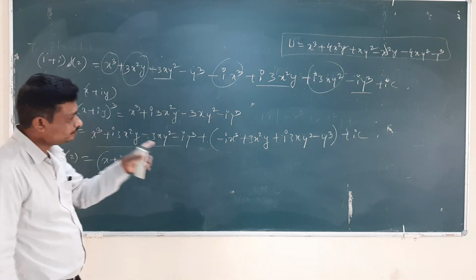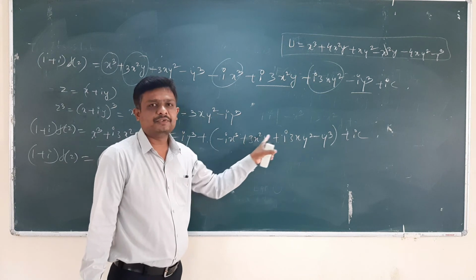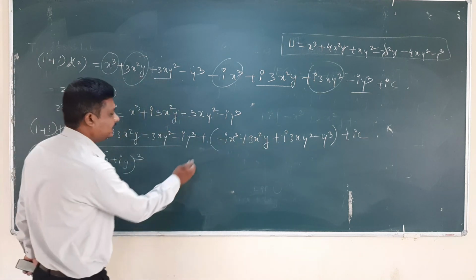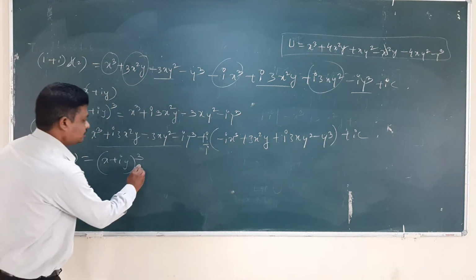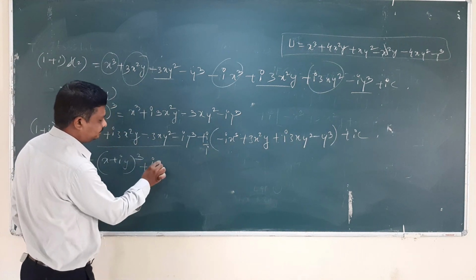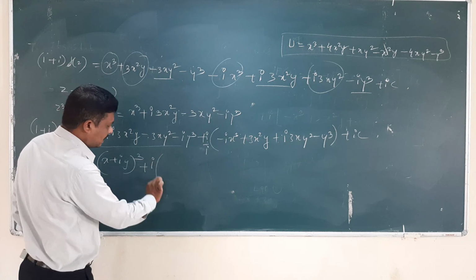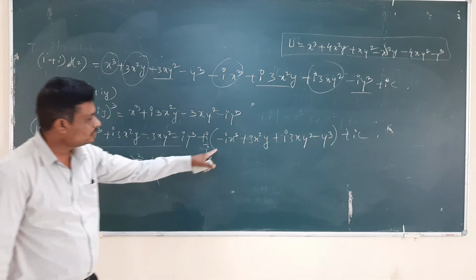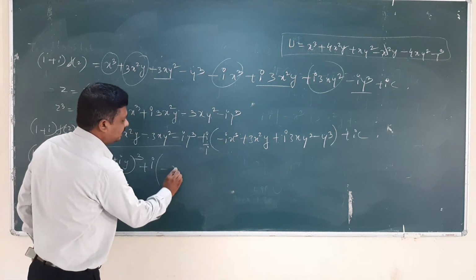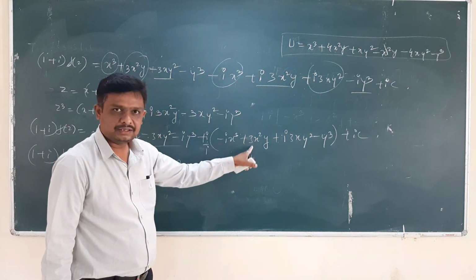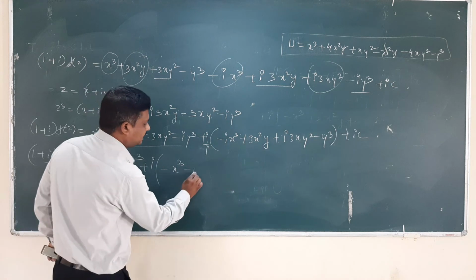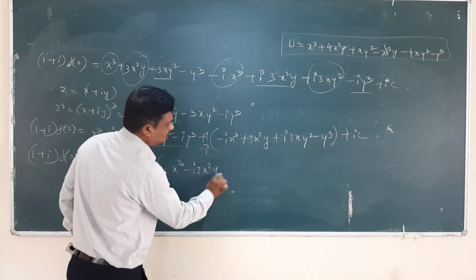Now this is not in the form of (x plus iy) whole cube. For that, I will multiply by i and divide by i. I will write i as it is here, so i and i get cancelled, and the remaining is x cube. Here I will get 1 upon i, and the value of 1 upon i is minus i, 3x square y.